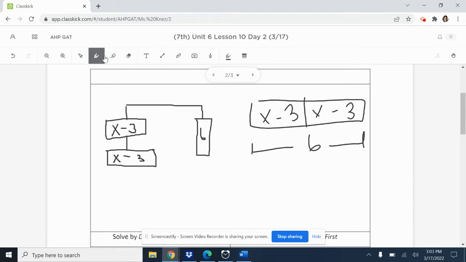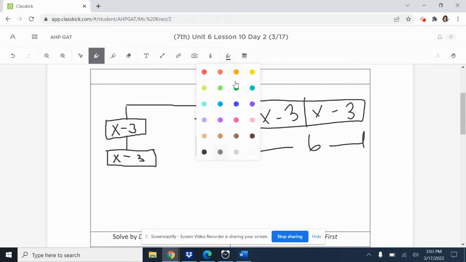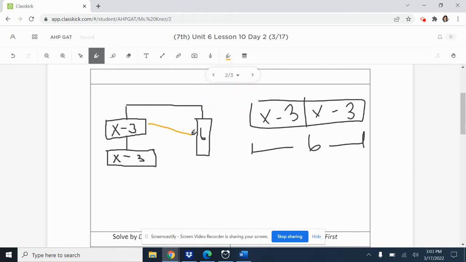We can see that we're splitting up the total value of 6 into two groups of x minus 3. Now, I know that if I'm splitting 6 in half, each of those groups has to be equal to 3. That means that x minus 3 equals 3, and x has to be 6, because 6 minus 3 equals 3. This is how we can solve using drawings and diagrams to reason about the equations.